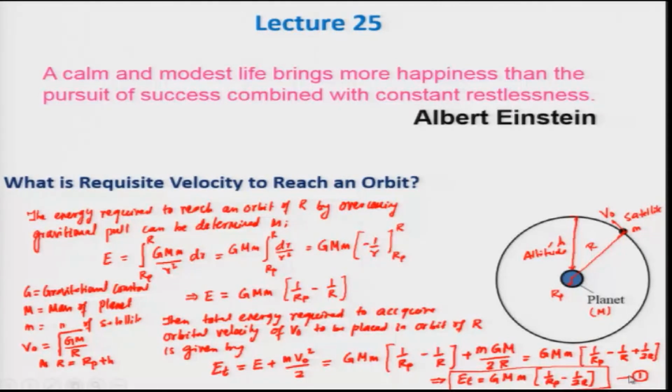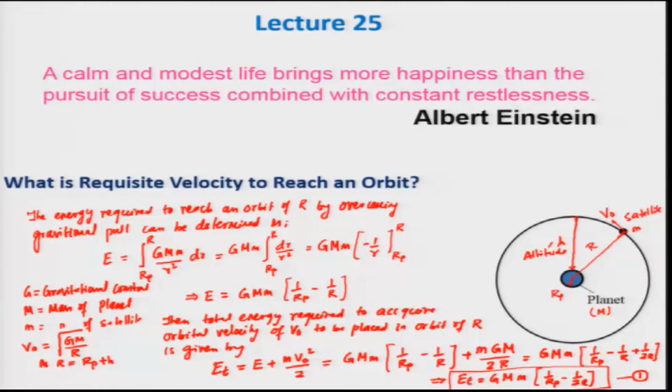So, therefore, you can see the total energy is basically again dependent on the R P and R, and for a particular mass of the planet and mass of the satellite. And keep in mind that because of this total energy being imparted to the satellite or the spacecraft, it will be attaining certain velocity. That means it will be having certain kinetic energy.